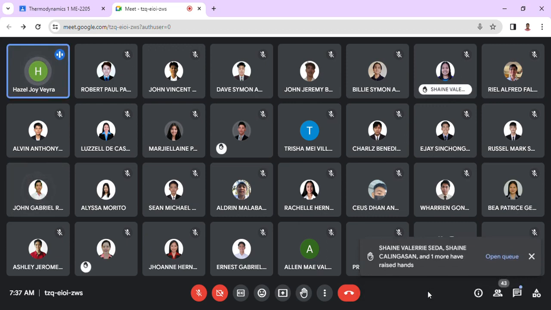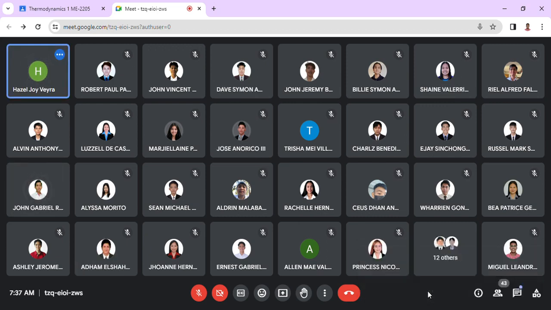Yes, Miss Sada. 10.34 meter H2O po. Yes, correct. So 1 atm is equivalent to 10 point, in my notes it is 10.33. So we'll use 10.33 meter of H2O.